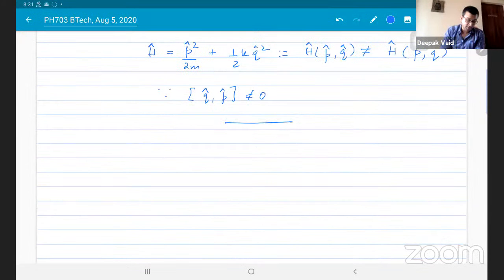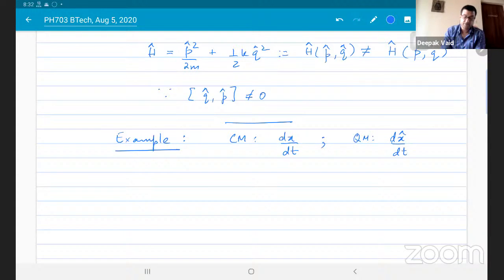As an example, we want to know what is the time evolution of the position operator. In the classical case, you would say, I'm calculating the time derivative dx by dt. In the quantum case, you would say, what is the time derivative of the operator x.